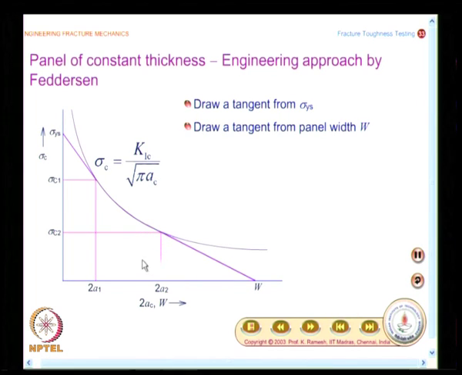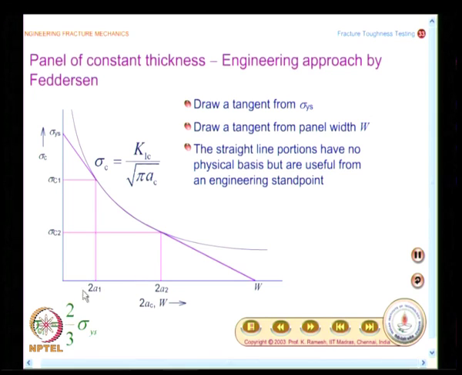And what is now shown here is what are the corresponding values of the crack length when I put a tangent from sigma ys. The failure stress would be sigma c1, that is given as 2/3 of sigma ys.